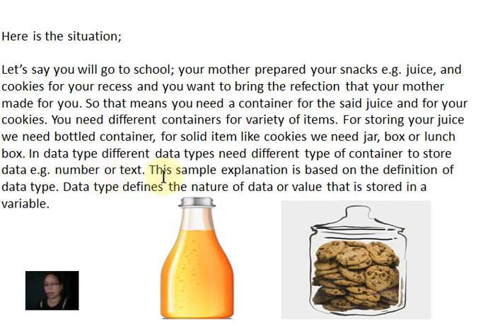This sample explanation is based on the definition of data type. Data type defines the nature of data or value that is stored in a variable. From these two objects, you have to identify which is the variable and the data type.